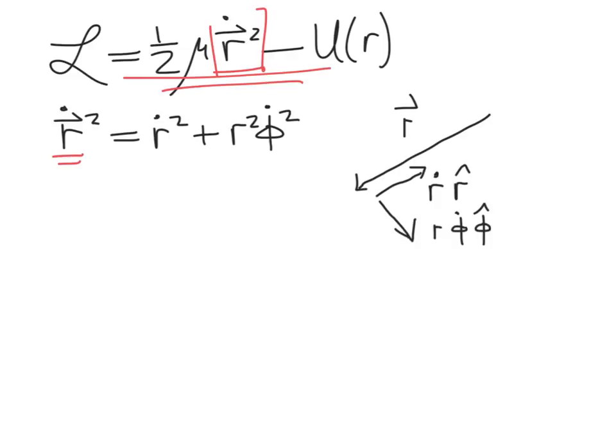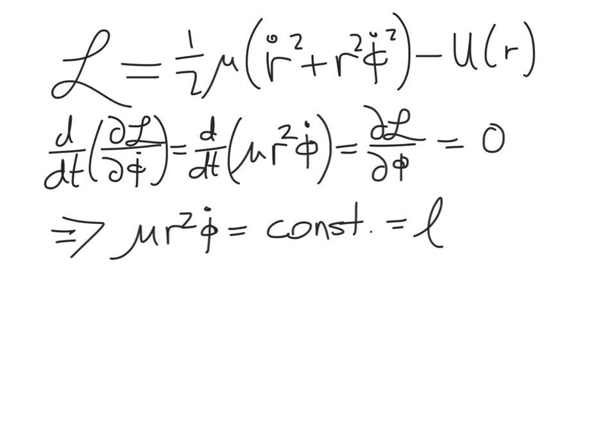So r vector dot squared is going to be r dot squared, so that's radial motion of one particle toward the other, plus r squared phi dot squared, and so that's going to be tangential motion of one particle around the other. And so that gives us our Lagrangian for this system.